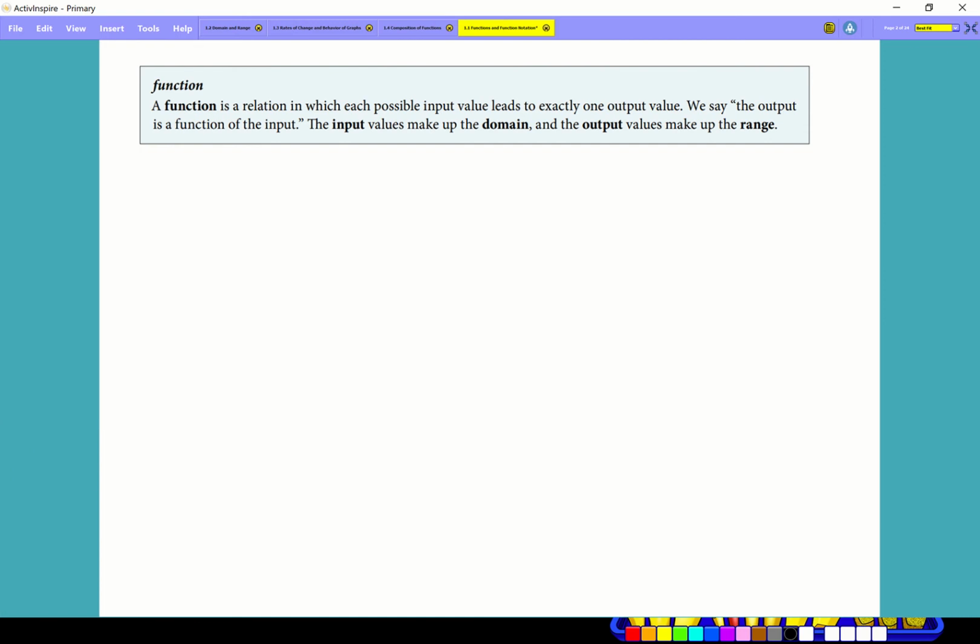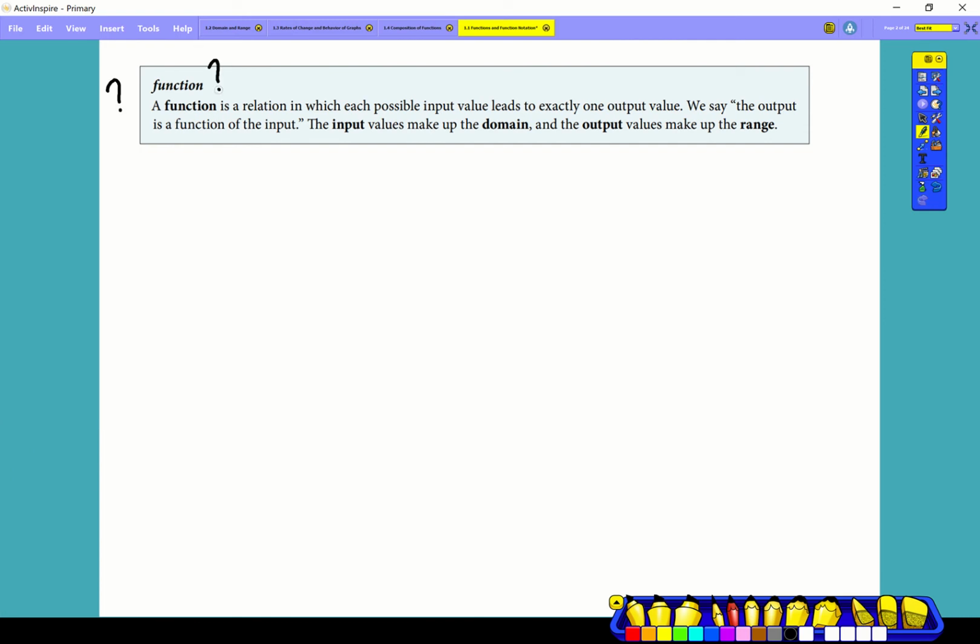So now you may ask, what is a function? Well, it is a special type of relation in which each possible input value, now remember, if we're talking about input-output, this is what it would be, leads to exactly one output value.